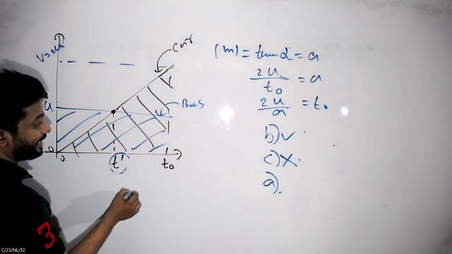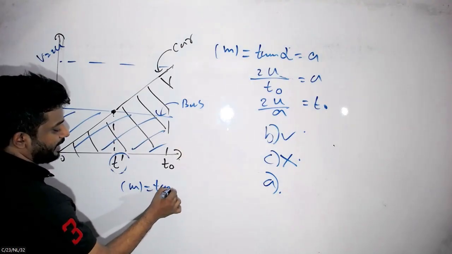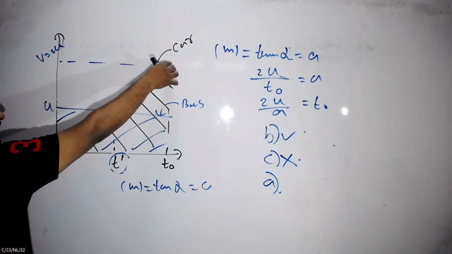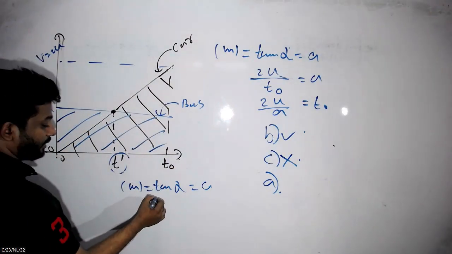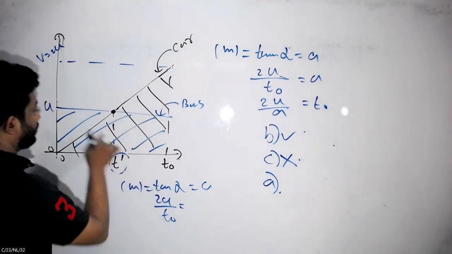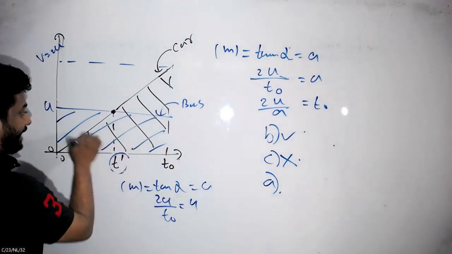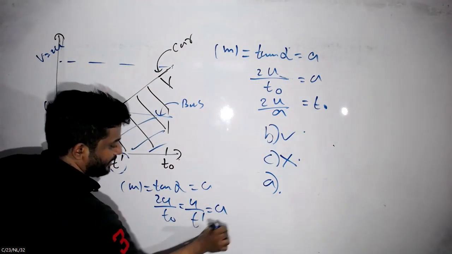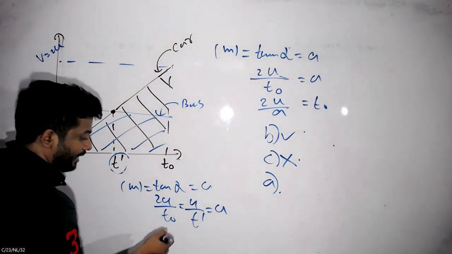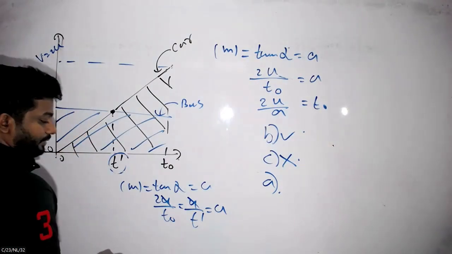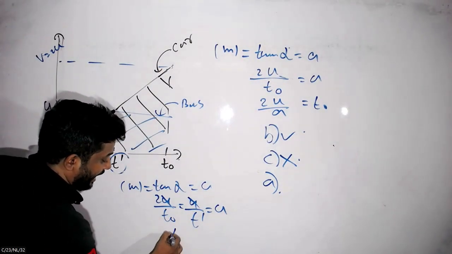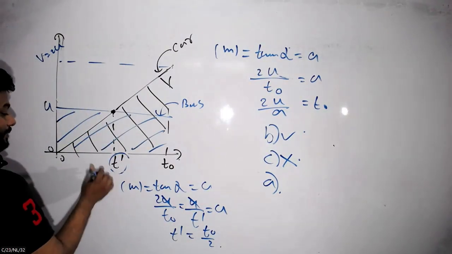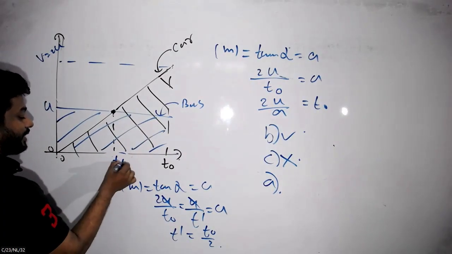Look at its gradient, m equals tan alpha, gives the acceleration. Then you can write this tan alpha as 2u over t naught, or u over t dash. This one is u, this one is t dash. Then u and u cancel out. You can make t dash the subject. t dash is equal to t naught over 2. Right?